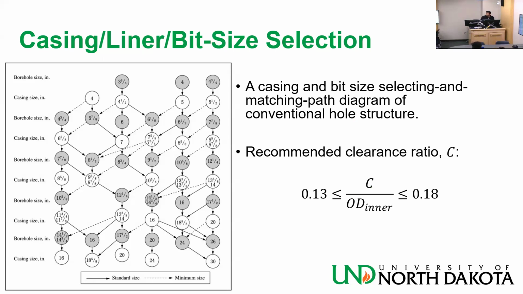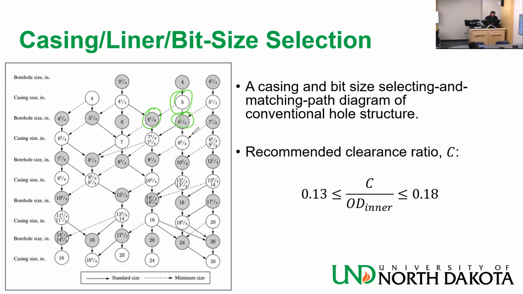So basically, let's just say I have a casing that is 5 inches outer diameter, I should be able to pass it through a 6 1/8 inch inner diameter of a hole or another casing. Ideally 6.5.